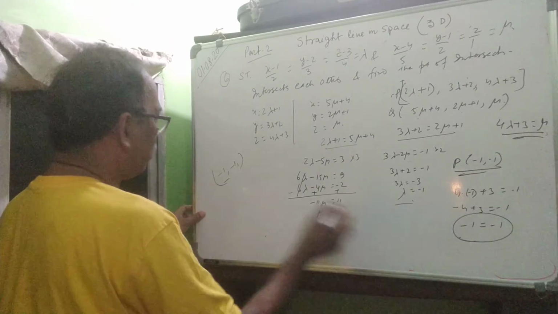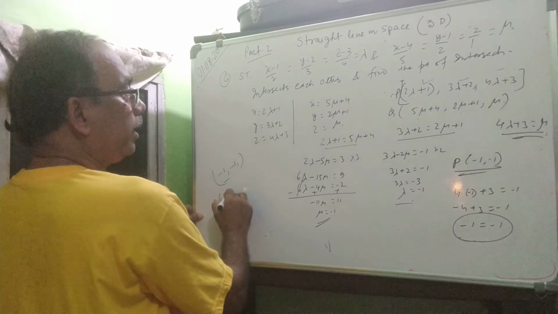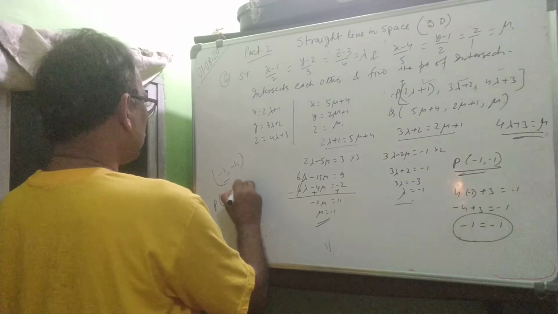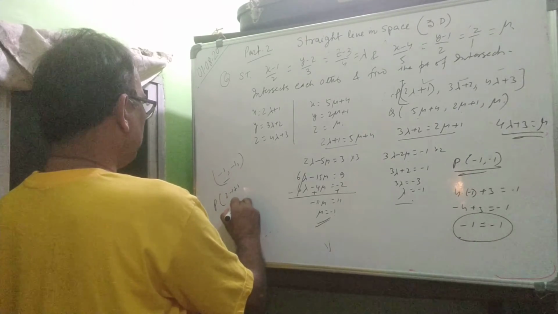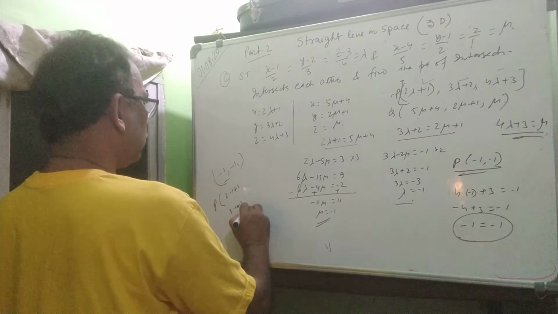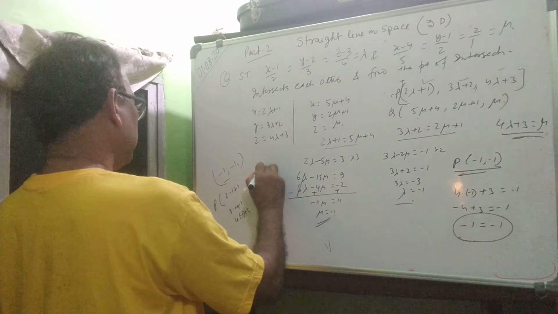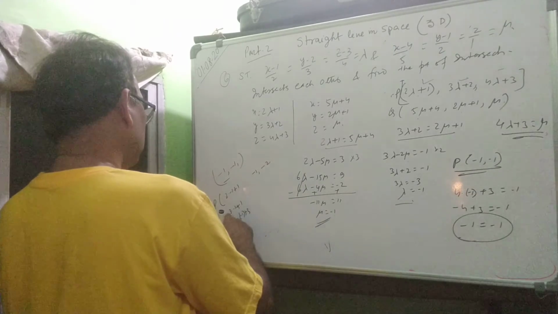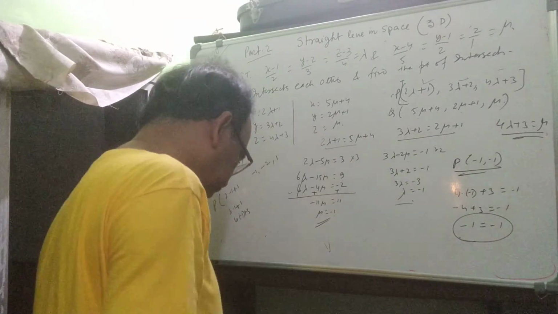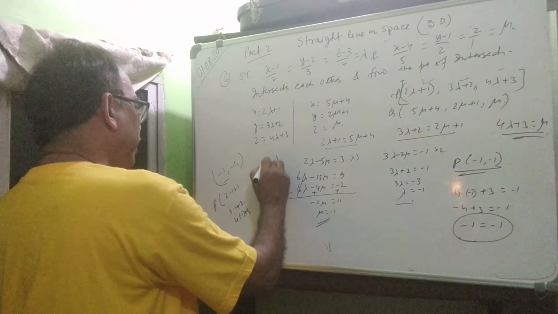Then the lambda and mu values should be put in to get the point of intersection. The coordinate of P is 2 into minus 1 plus 1, 3 into minus 1 plus 2, 4 into minus 1 plus 3, that is minus 1, minus 1, minus 1.